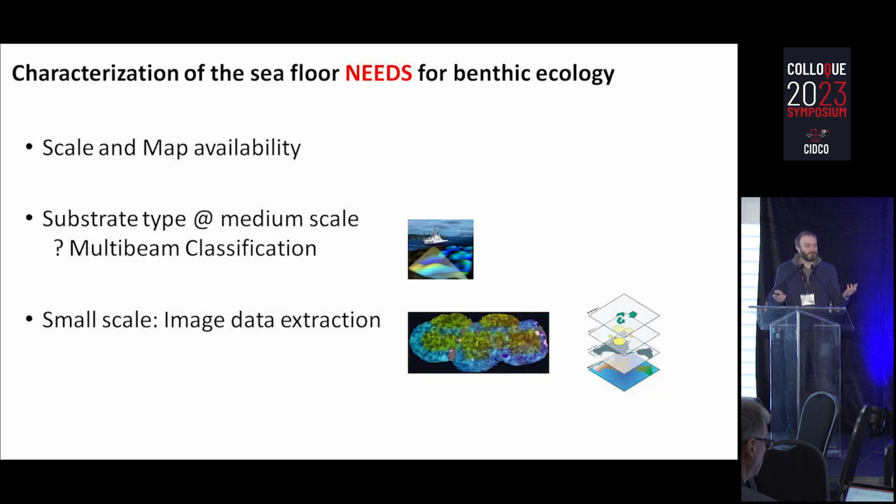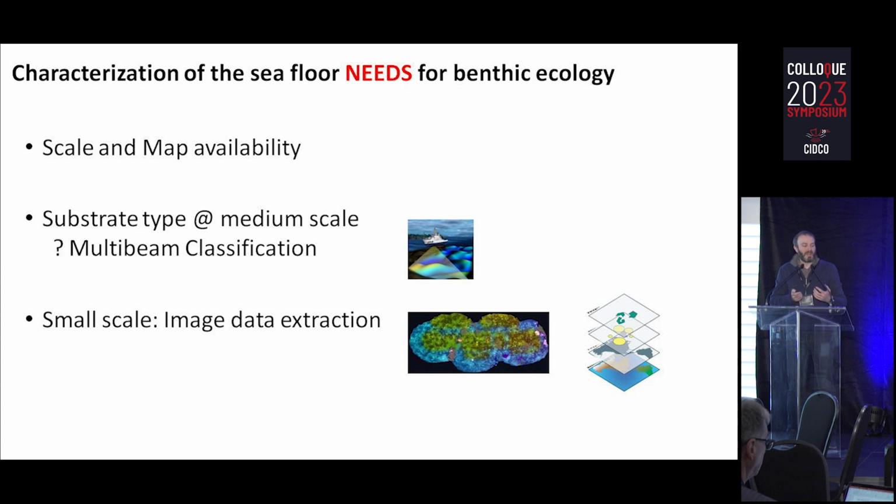So in the end, what we need is the possibility to have maps at different scales. Working at medium scales already will be a plus for us if we can have multi-beam surveys able to classify the substrate for us.